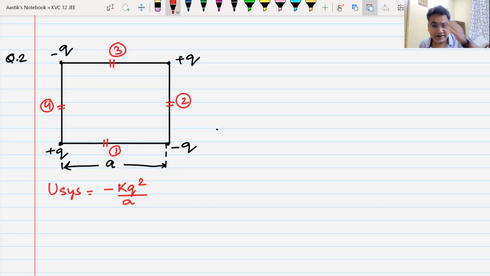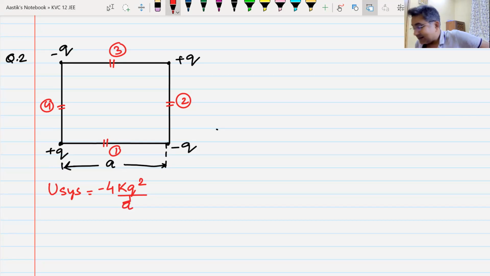That is the answer, my dear friends, minus kq square by a. How many of you got it? Someone got minus 3? Yes: kq square by a into 1 by root 2 minus 4. Sorry, minus 4, minus 4kq square by a. I was wrong.